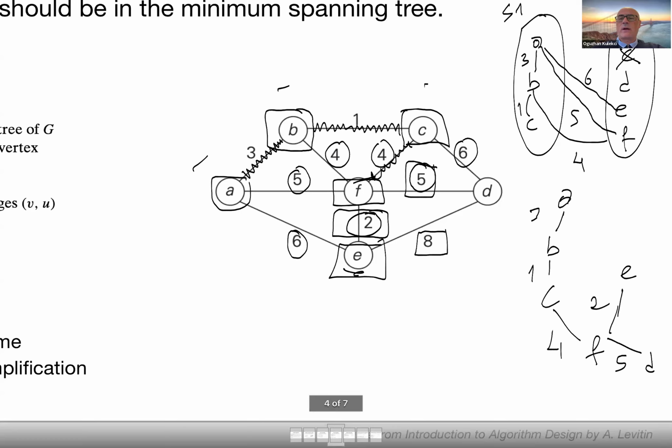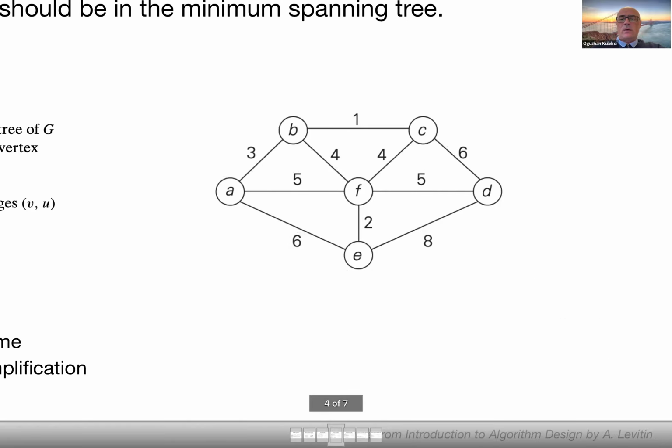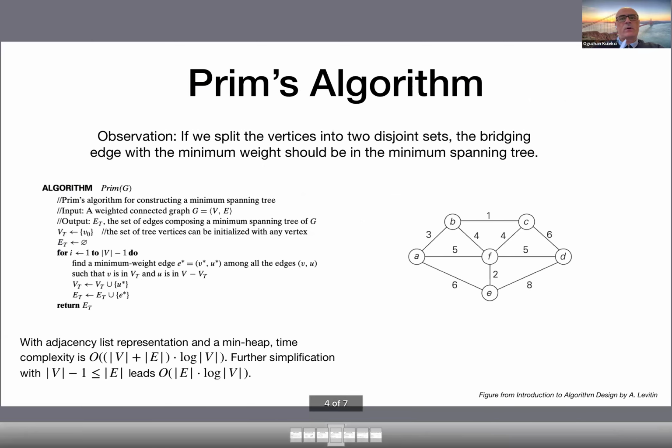And I am done, because I have A, B, C, D, E, and F. All of them are covered, right? And what is the total cost? 3 plus 1 plus 4 plus 2 plus 5. This is the minimum spanning tree. So this is Prim's algorithm.